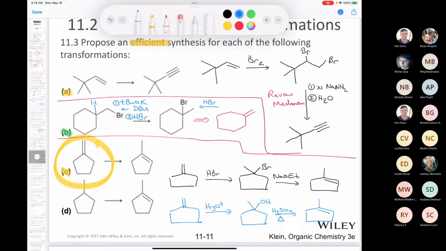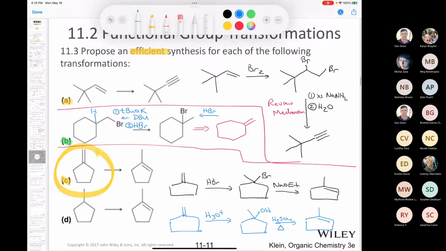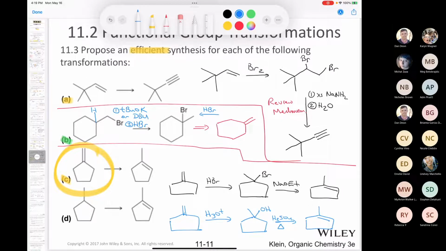And that will always give you the most substituted alkene. So either one would work. I don't see anything wrong with either of these modes of attack. So we'll not do D for now. We'll come back to it if we have time.